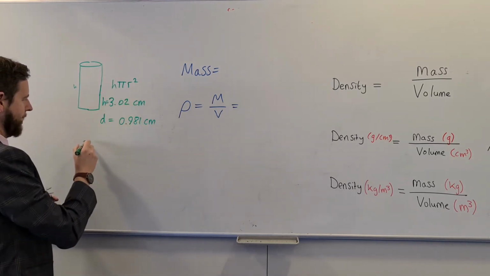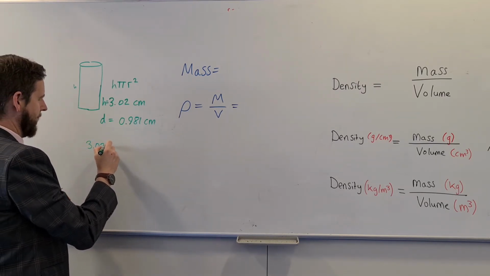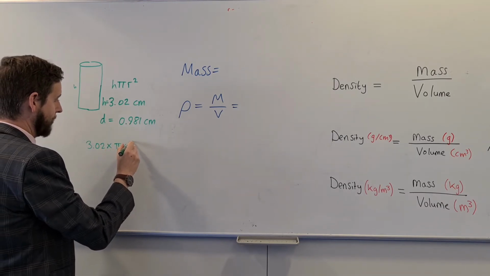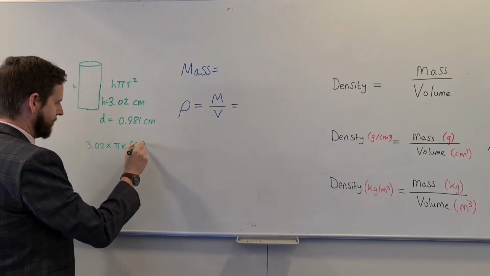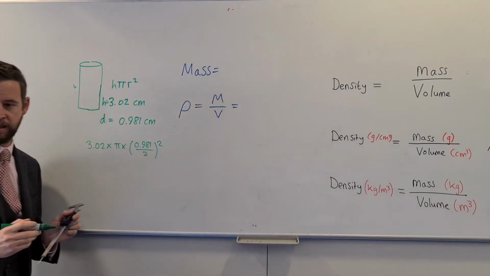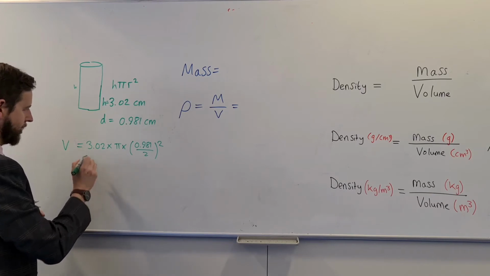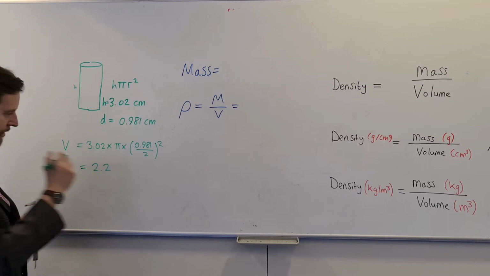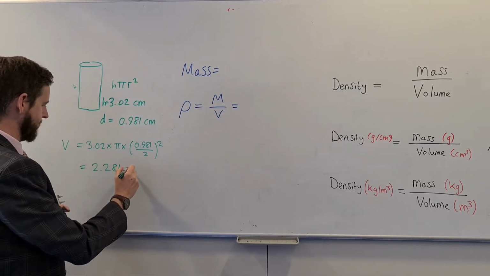In this formula, we could do 3.02 times pi times, now we haven't got the radius here, we've got the diameter. So we're going to have to do this diameter and divide it by 2 to get the radius. And this is going to equal the volume, which is equal to about 2.284. Now I've cheated, I've already worked it out on the calculator.